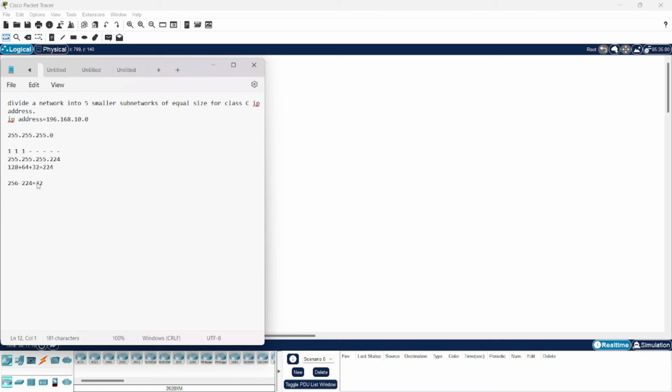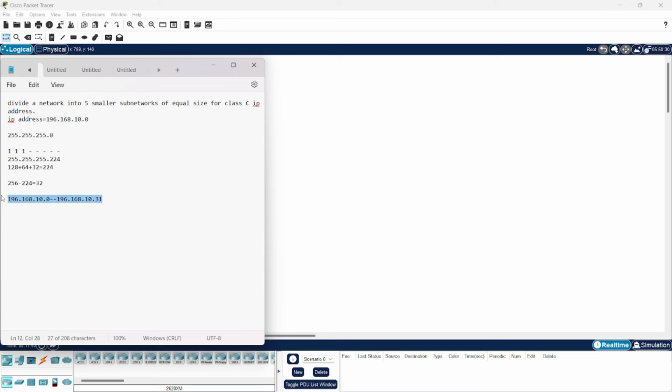Now our new divisions would be: for my first network, I would start from 0 and add 31 to get the last address.